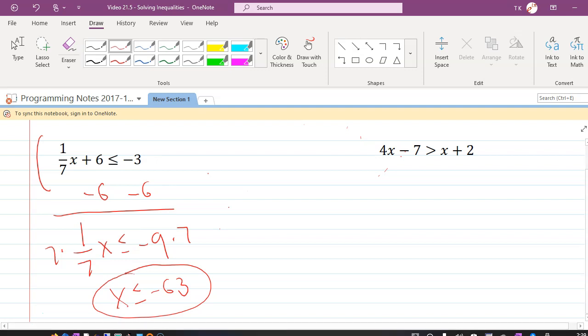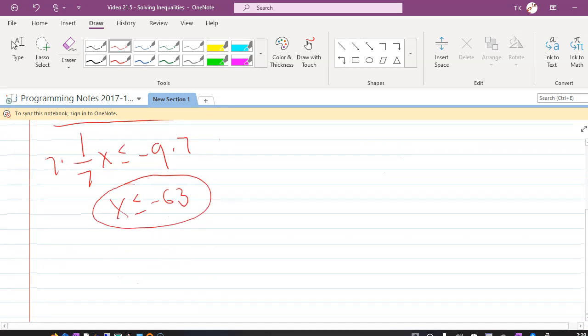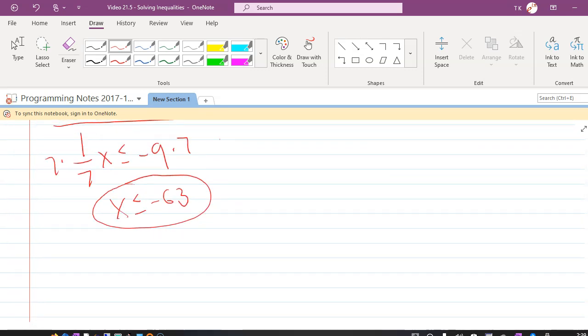That's why when we work with inequalities, we tend to graph them, because it gives us a much better view of what x's fall under this requirement of being less than or equal to -63.